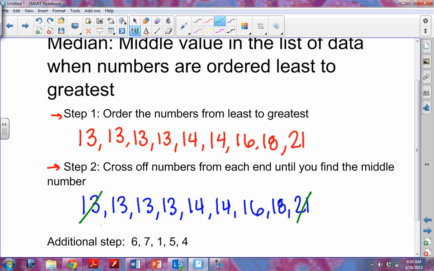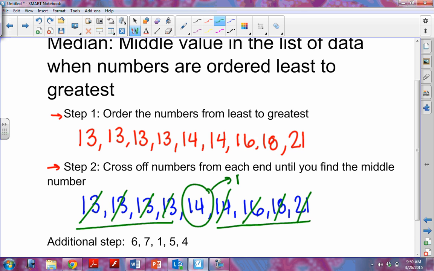I have to keep it balanced on both ends. So my middle number is 14. I marked off 4 numbers from the left end, so on the right-hand side I need to have marked off 4 numbers as well. That means my median is 14.